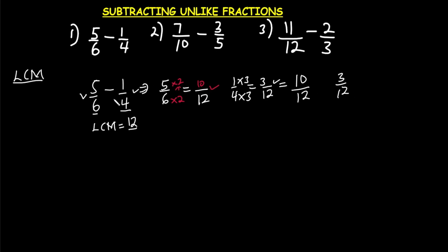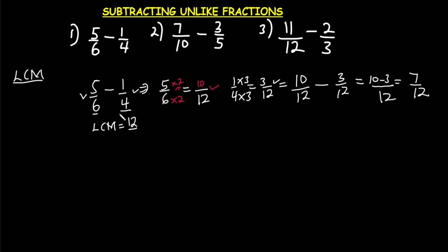Now don't forget, we are doing subtraction, so we bring the minus sign in between them. Now as you can see in the question, we didn't have the same denominator, but now we have been able to make their denominators the same, which is 12. Now since they have the same denominator, we can go ahead and choose one of the denominators and then subtract 10 minus 3, and 10 minus 3 will give us 7 over 12.